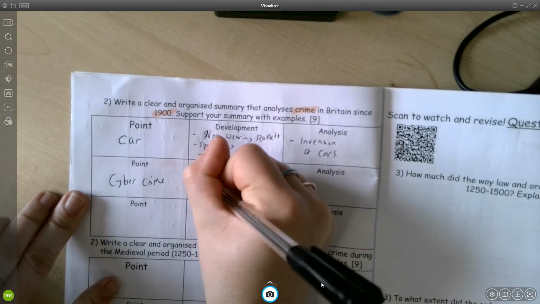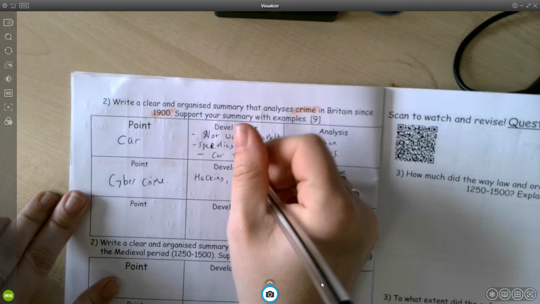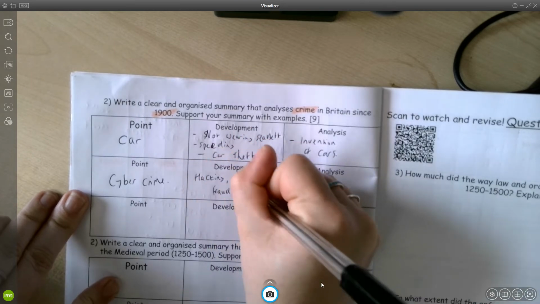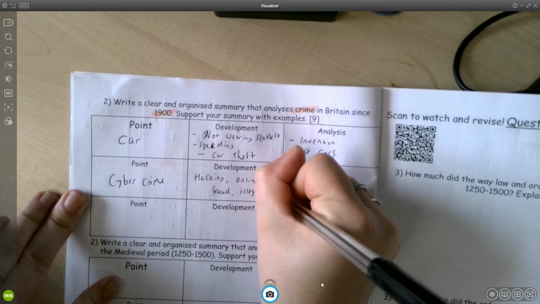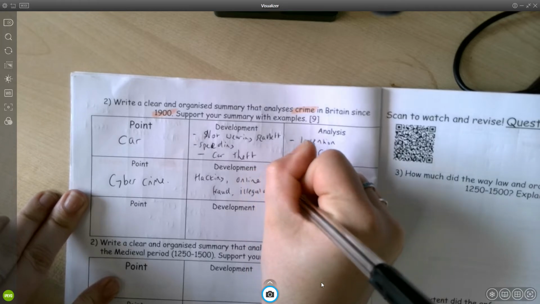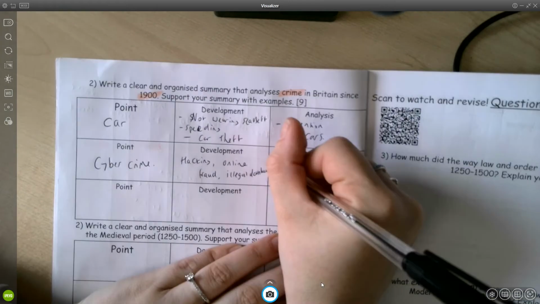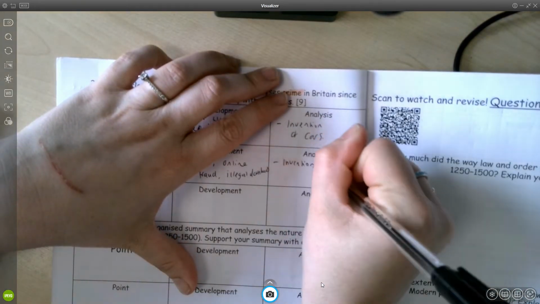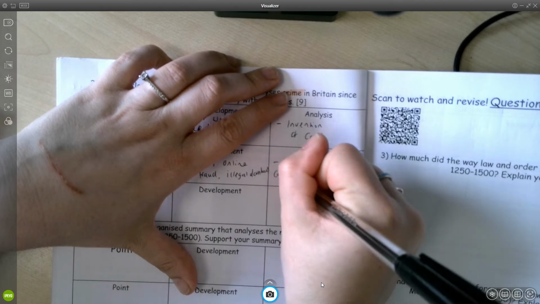So I've got things like hacking, online fraud, illegal downloads. My analysis, why does that happen? Invention of computers, launch of the internet in the 1980s.